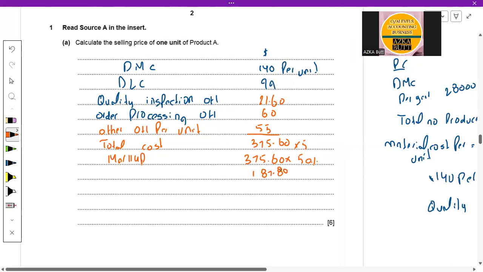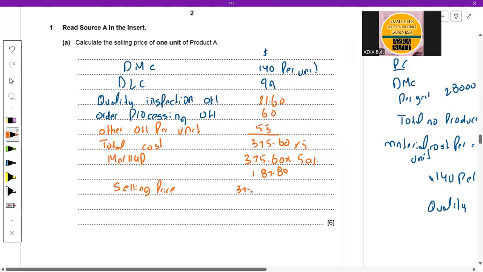And in step 5, we have to calculate the selling price now. So selling price per unit is equal to total cost per unit plus markup. So to find out the selling price, we have to add the total cost with the markup.